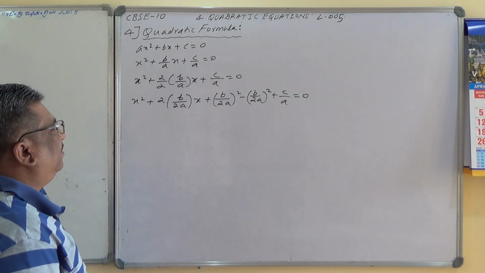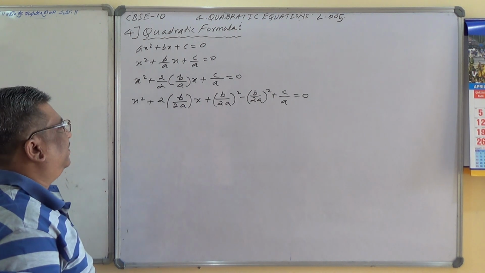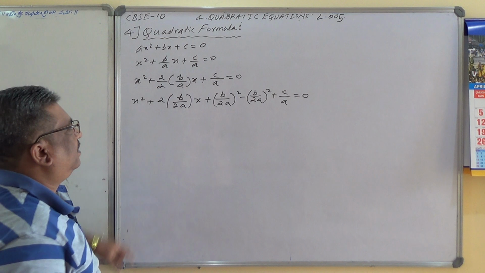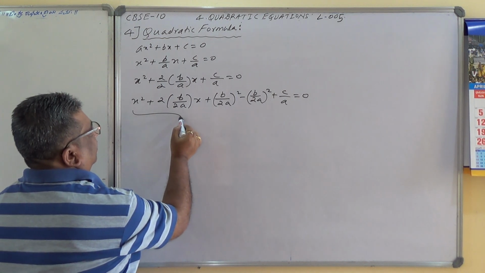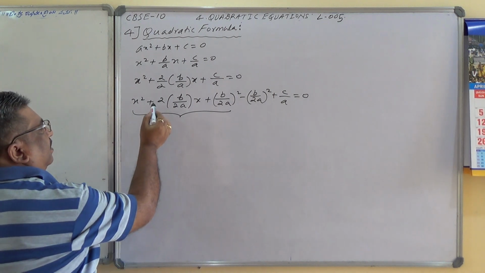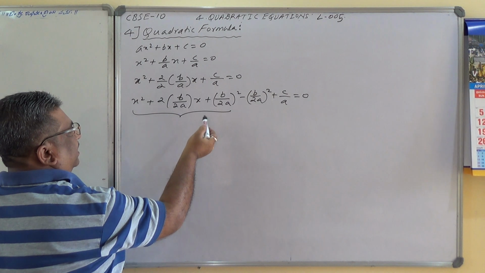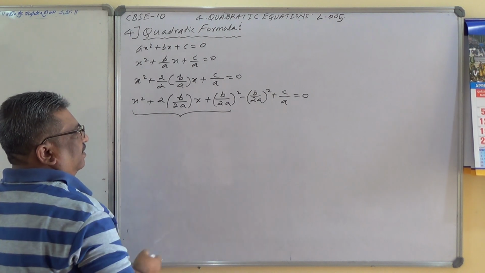So what I have done here basically is, I have tried to express this into a plus b the whole bracket square, x plus b by 2a the whole bracket square. If we expand that, this is what we get here.